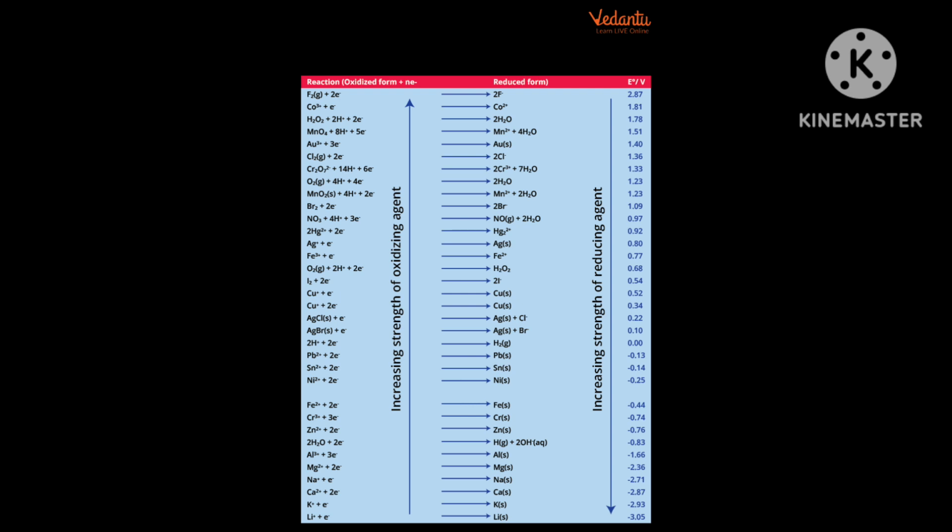Agar means that it will block both ends, but it will allow only ions to pass from one container to the other container. For example, saturated potassium chloride, generally it is used in the salt bridge.